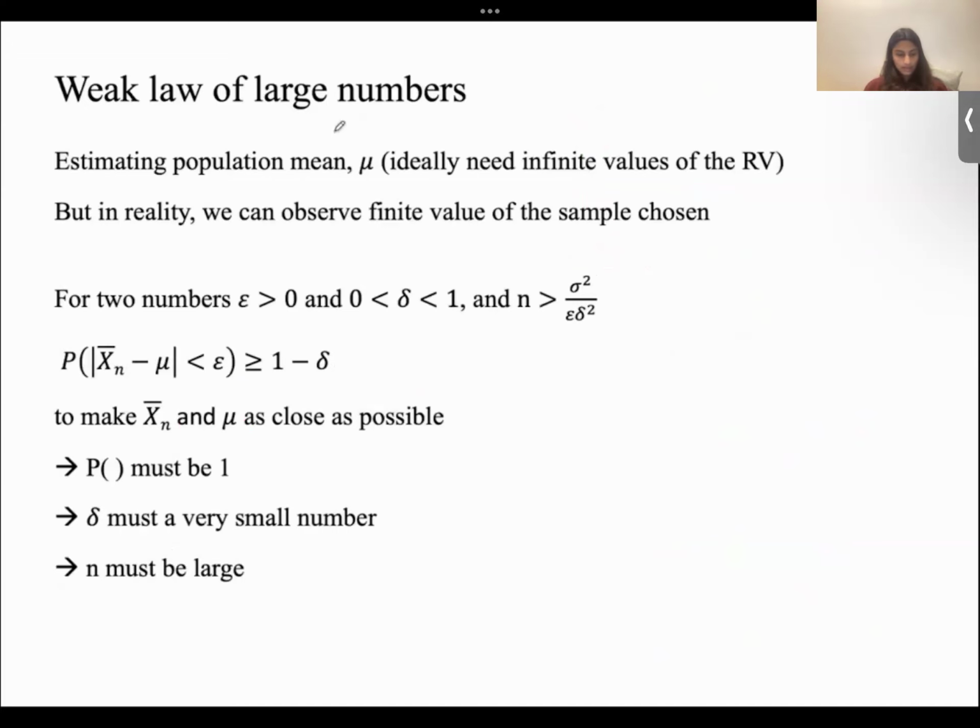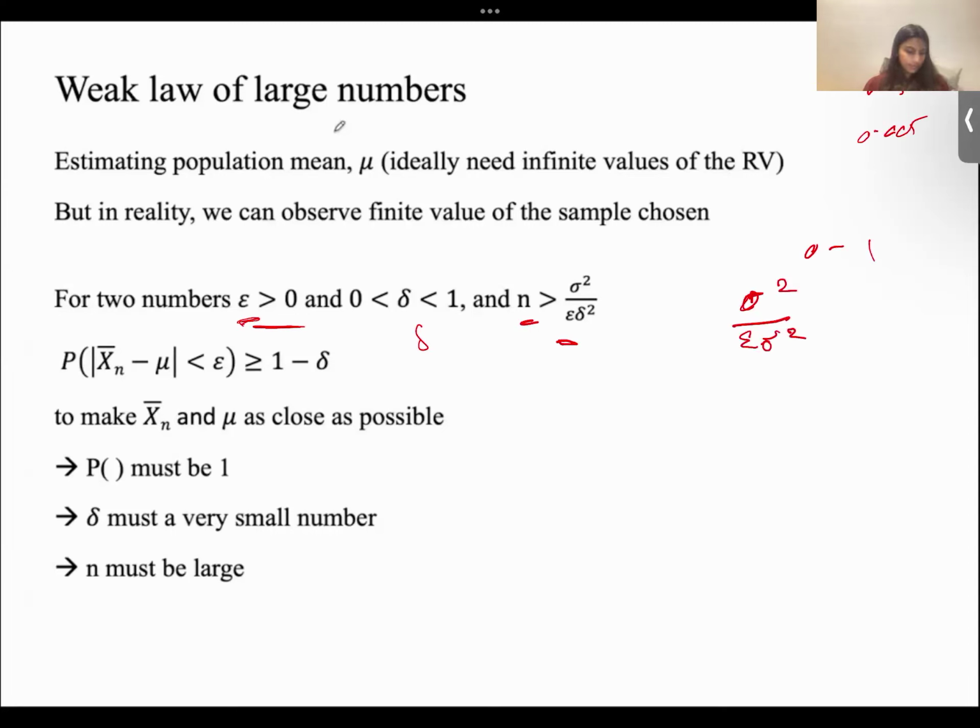And similarly, you also have something called the weak law of large numbers. We saw epsilon. Epsilon is some value greater than 0, but a very small value, like 0.5 or 0.005. It could be any value greater than 0. And there's another value called delta, which is somewhere between 0 and 1, and is much smaller. So n has to be greater than sigma square, your population variance, divided by the product of these two.